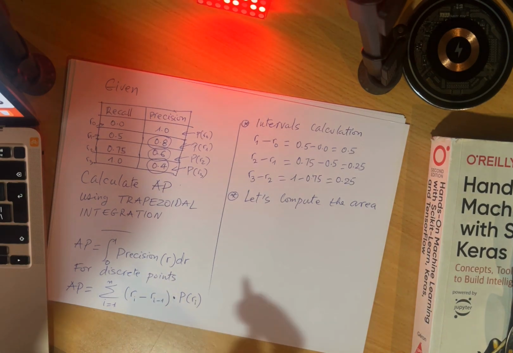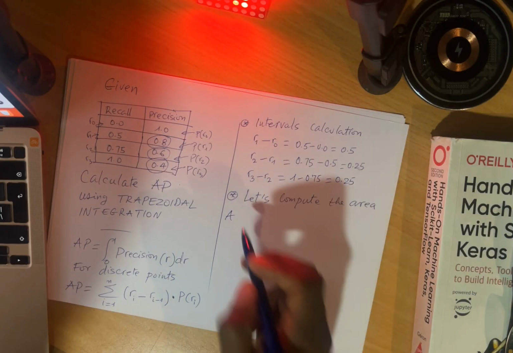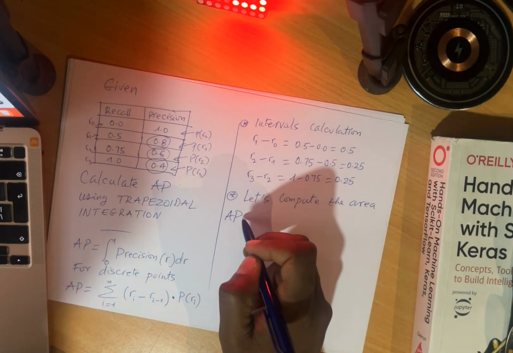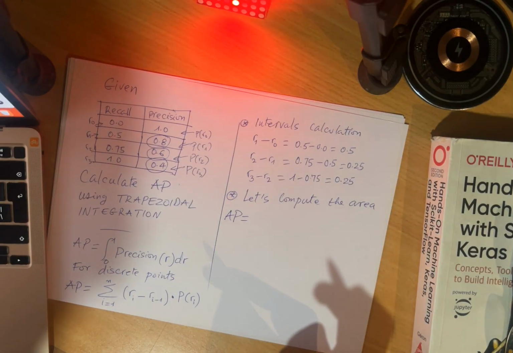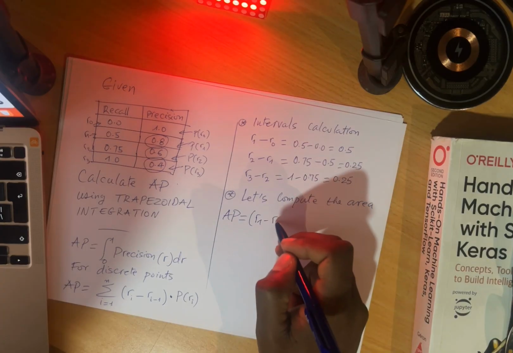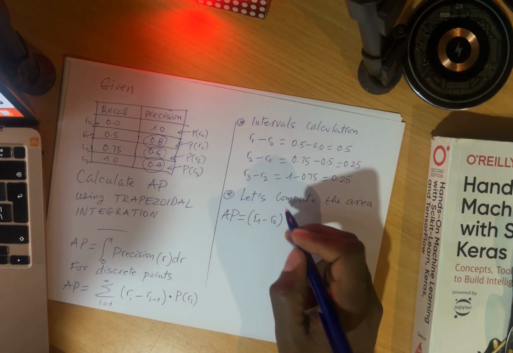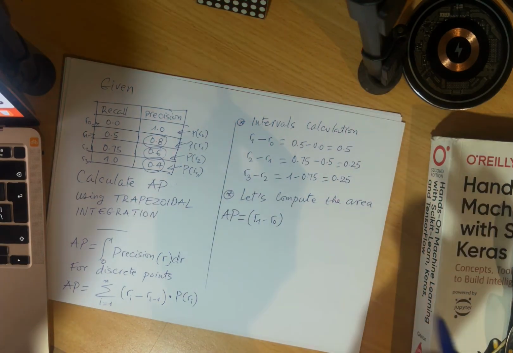So average precision, which is the area, is given by, of course, R1 minus R0 times P1.